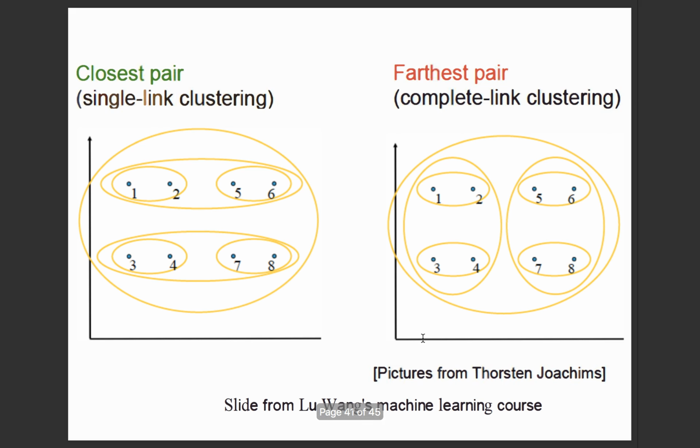As you see here, we have the same 4 groups, and based on the single link or complete link, the cluster is different. So based on the choice of single link, complete link, or average, sometimes you will have quite different clusters.